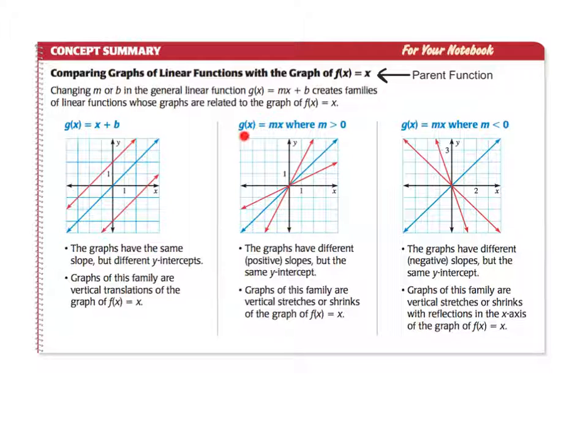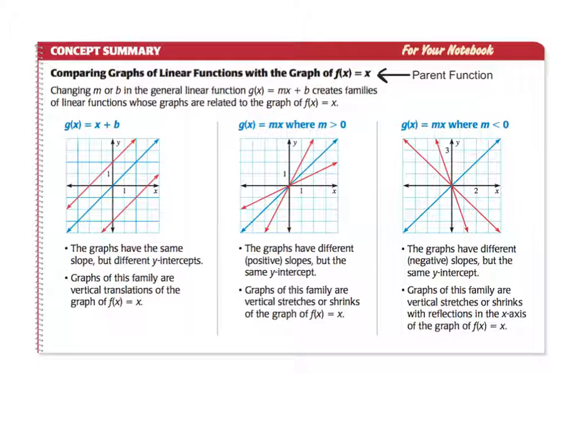Now it says if I have g of x equals m times x, so where m is something other than 1 like it was in the parent function, and it says when m is greater than 0. So that means I still am going uphill because my slope is positive, and if my slope is big, if it's a big number, I'm going to have a steeper line. If the number is between 0 and 1, so like a fraction, then I'm going to have a more shallow or less steep line.